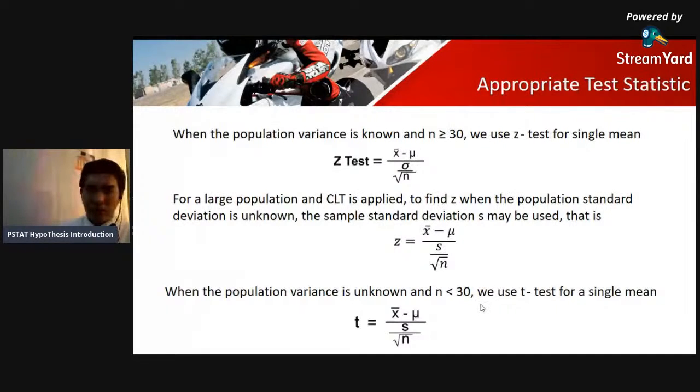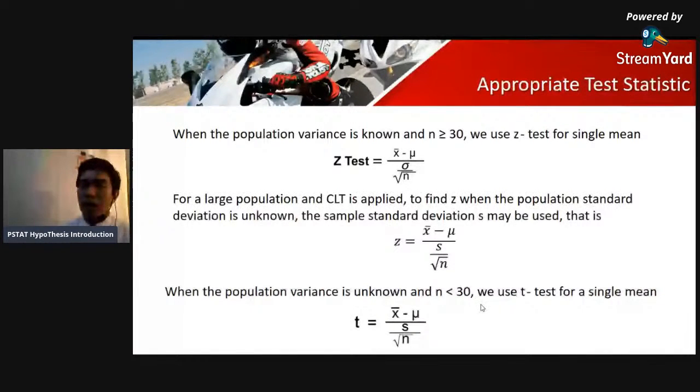Take note, if your sample size is large enough, meaning more than 30, but the population variance or population standard deviation is unknown, by the central limit theorem, in the absence of the population SD or population variance, we'll be using the sample standard deviation.